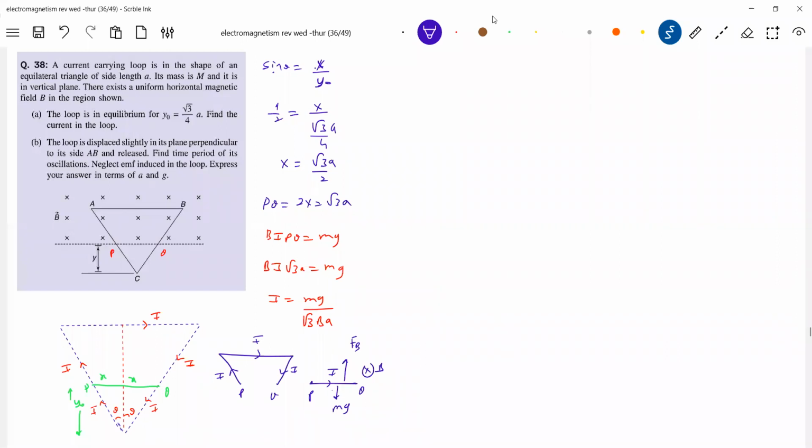Y naught value, how much? Root 3 by 4, you know. So sorry, I made a mistake. Tan theta it should be. Okay, I'll do the correction.